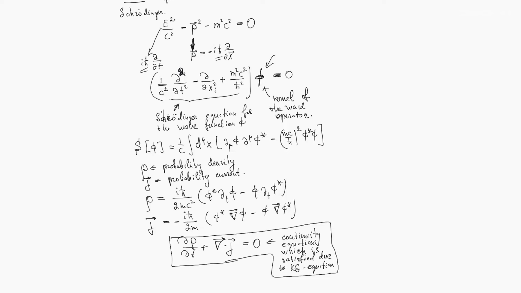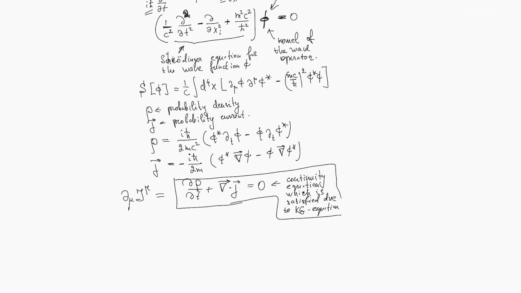In fact, you can also understand that what is written down here is nothing else but the explicit form of the covariant current conservation, where J mu is a four-current with components c rho and J. So it's a probability four-current, and this current is conserved on equations of motion. This is simply a direct consequence of Noether's theorem.